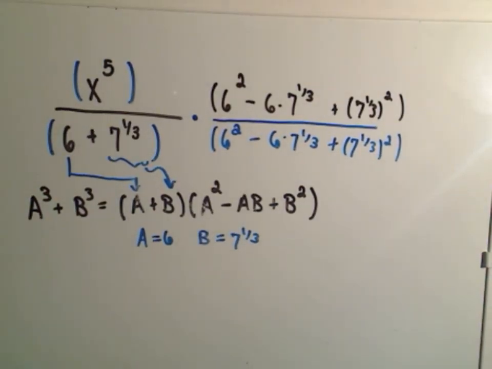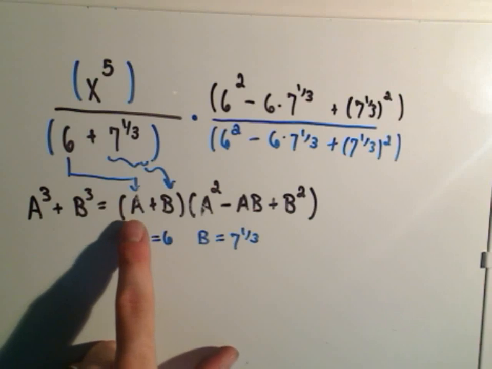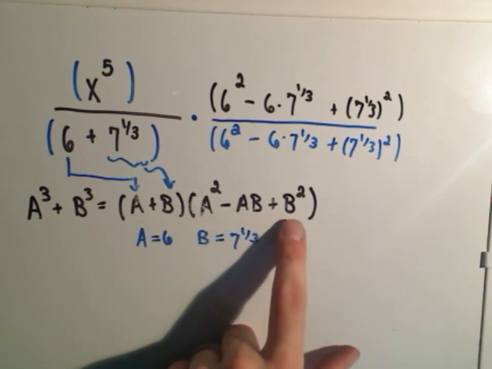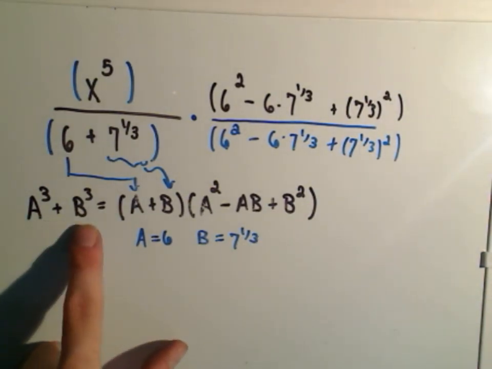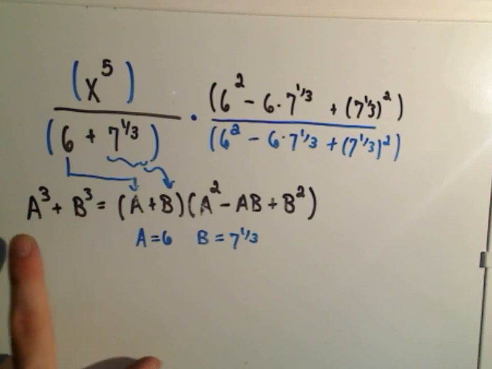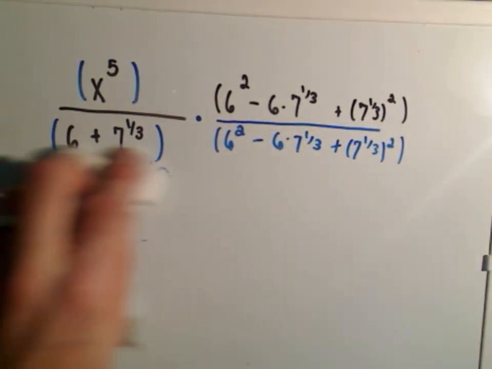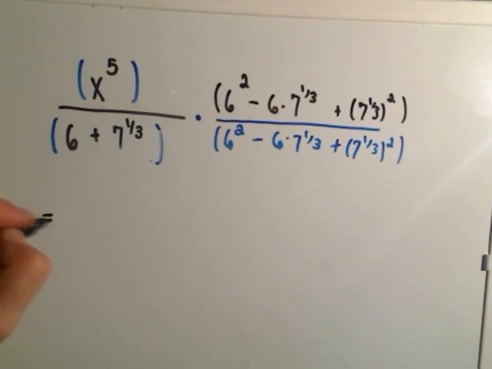Okay, let's see what happens when we start foiling all this out. When we distribute the bottom, the idea is I'm multiplying a plus b times its a squared minus ab plus b squared formula. It says we should get 6 cubed plus 7 to the 1/3 cubed, which will be 6 cubed plus 7. So let's see if that happens or not. On the top there's really not a lot to do, so I'm just going to rewrite the numerator.